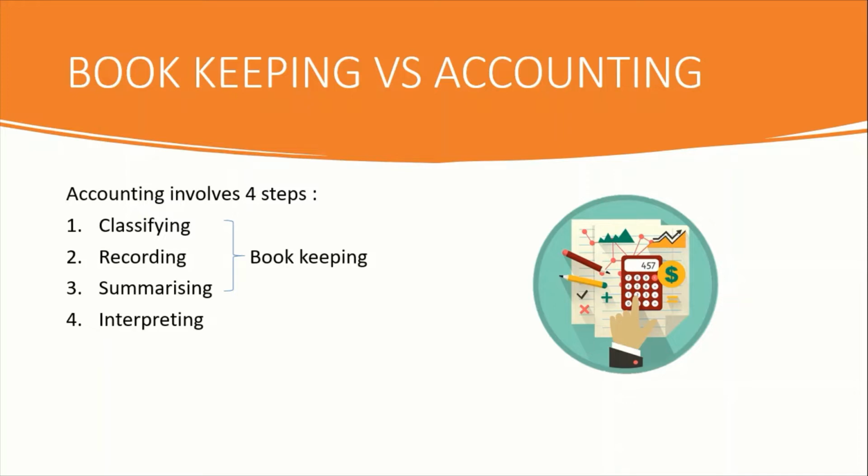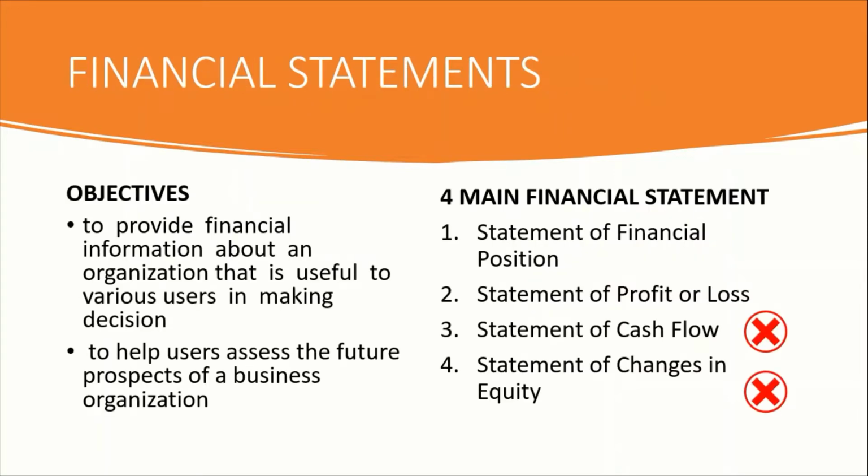Okay, so next slide. Financial statement. You've heard financial statement, but you don't know what it is. It is a statement that accountants make that records all the transactions that happen in a company's yearly or quarterly business.